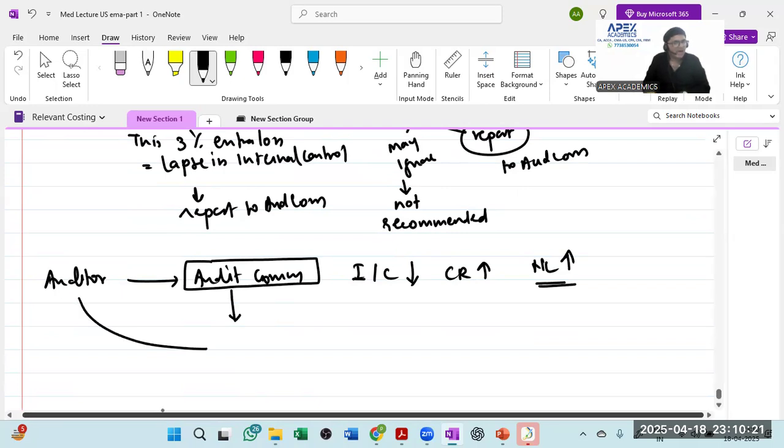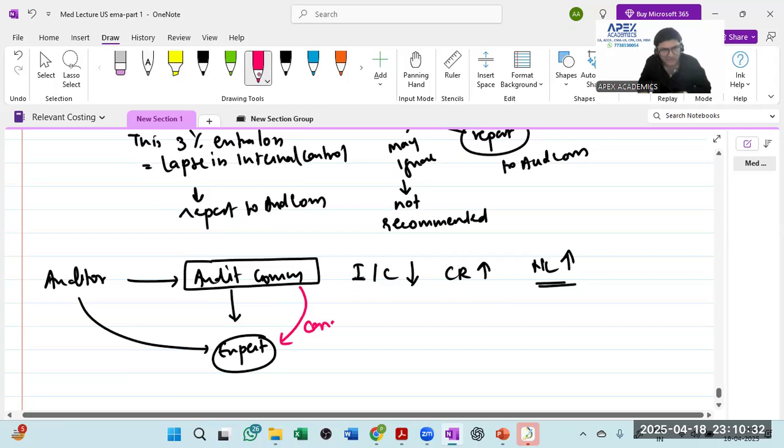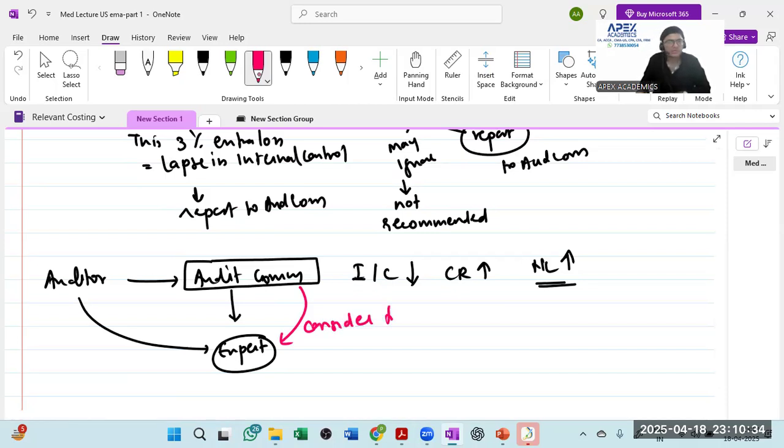Auditor will say, I have an expert. Whose expert is it? Auditor's expert. What will the audit committee do? Audit committee will consider the sophistication of such an expert.